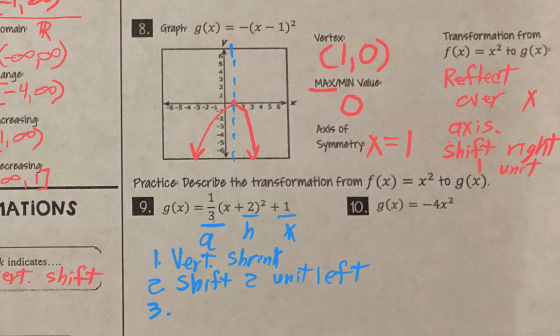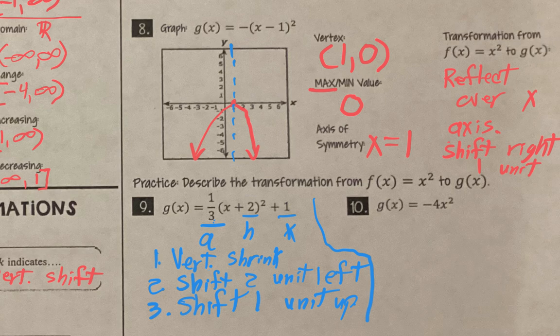And the third transformation, my K is 1. So shift up 1 unit.